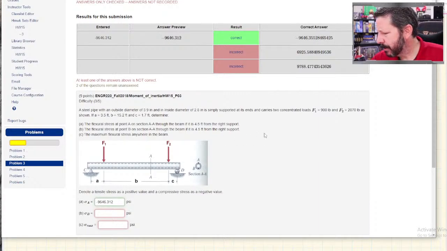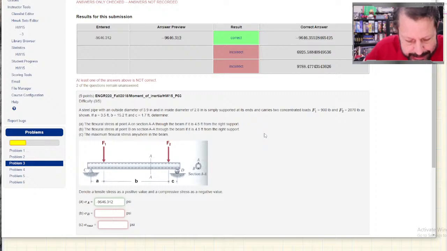The last piece here, the last part is different. The last part says the maximum flexural stress anywhere in the beam. So what that is telling you is that you need to find the maximum bending moment anywhere in the beam, which means you need to draw the shear and bending diagram for this one.